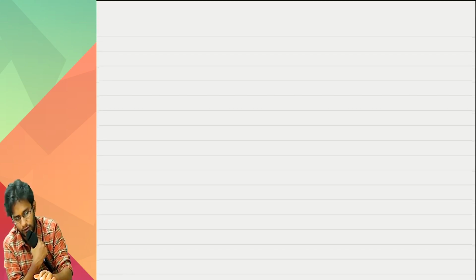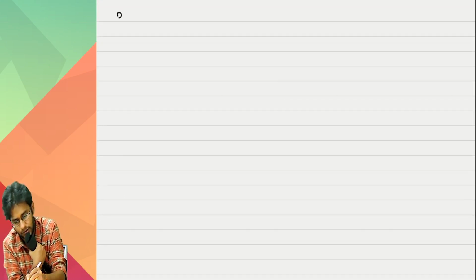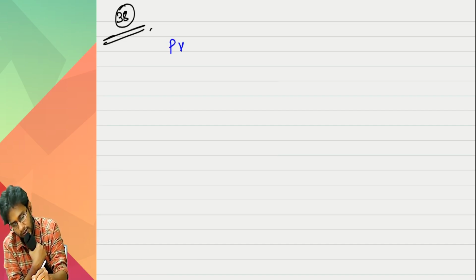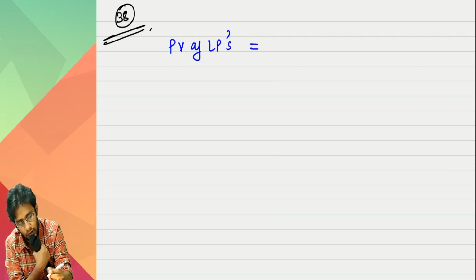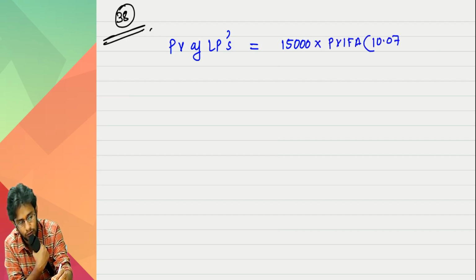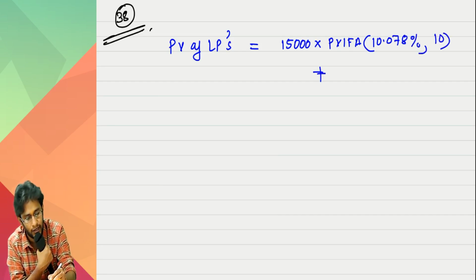Good question, sir. You need not solve, I'll solve. Watch my numbers. If you're writing parallelly, that's even fantastic. Tell me, sir, what is the present value of lease payments? 15,000 rupees into PVIFA 10.078% for how many years? 10 years. Plus, did I provide a guaranteed residual value?